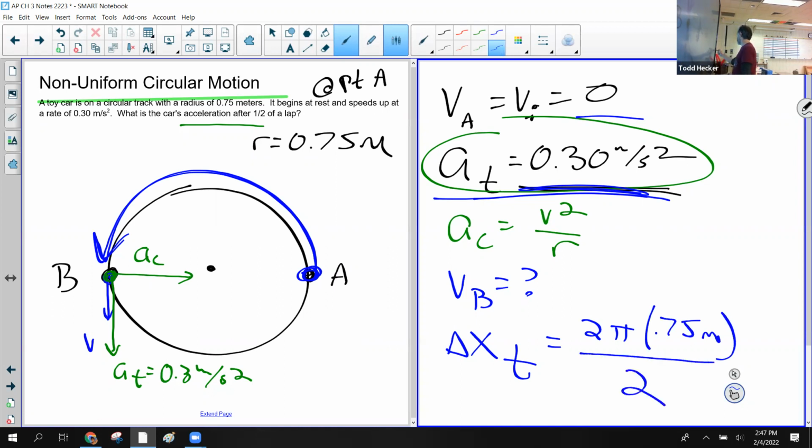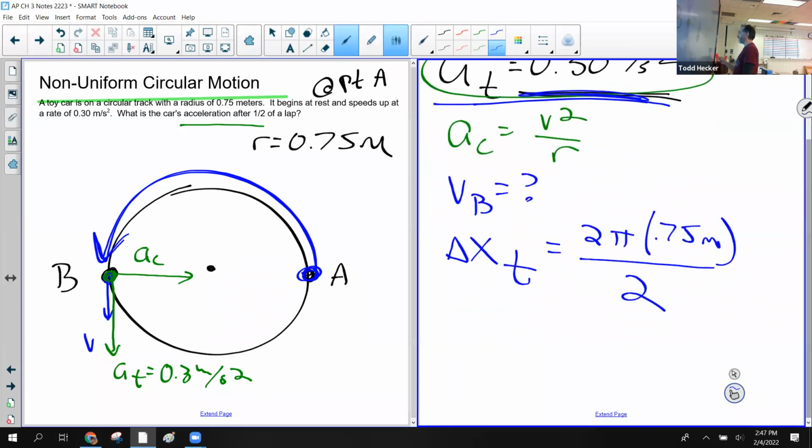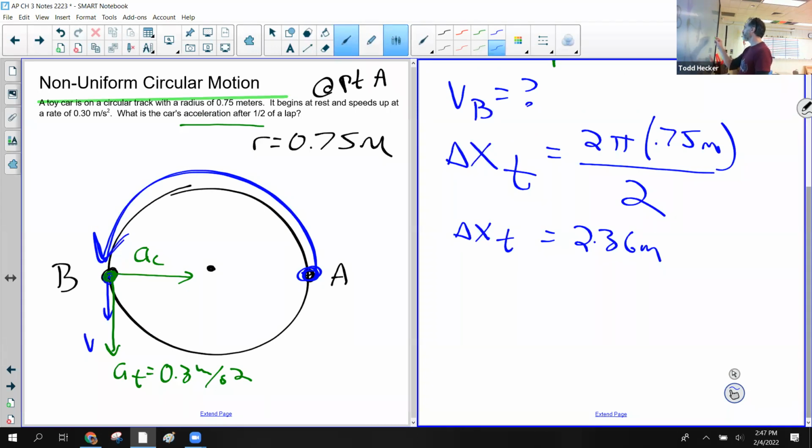2 pi r, that's the circumference of the circle, but I'm only going halfway around. Okay. So my displacement, if I calculate it, turns out to be a number that I've written on this piece of paper, 2.36 meters. So I know my displacement tangentially. I know my acceleration tangentially.